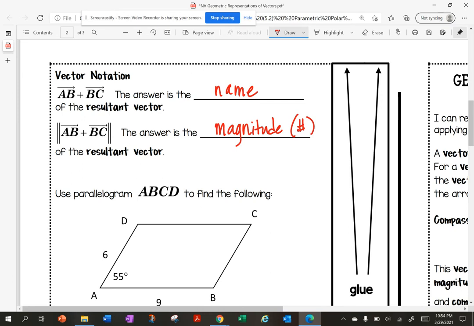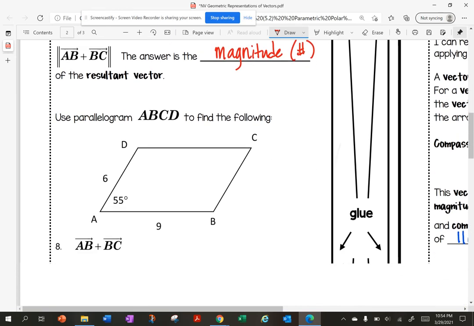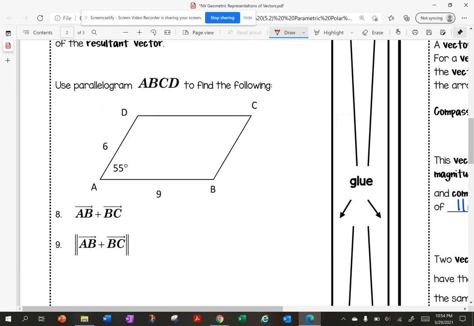Okay, so I'm going to chain this back into using a parallelogram here. If I'm asking you to find vector AB plus vector BC, it's asking me the name, so the resultant vector, from the tail to the tip, is going to be vector AC.